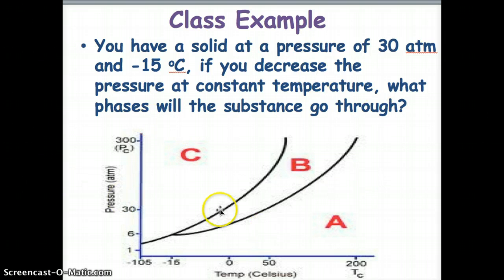So you have to know how to use your graphs. You have to know basically how to use a graph and what represents a solid, what represents a liquid, and what represents a gas. The phase diagrams change depending on the substance. So obviously, this would not be water. This would be a very different substance.